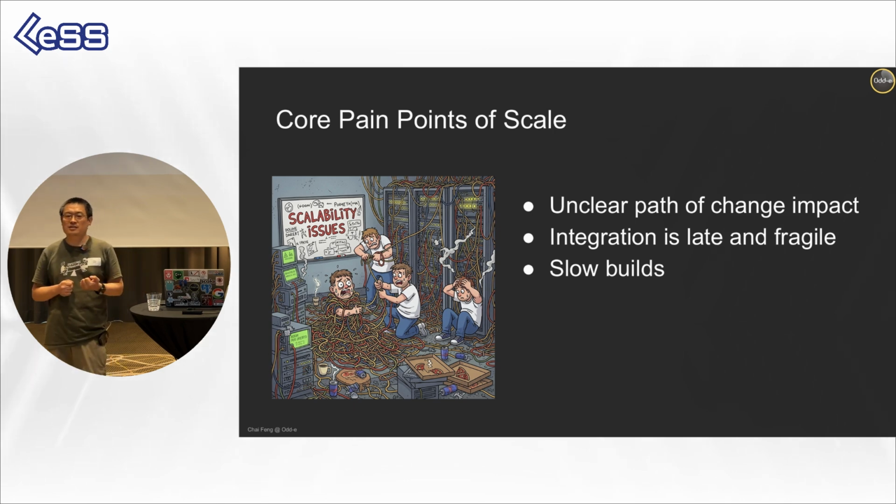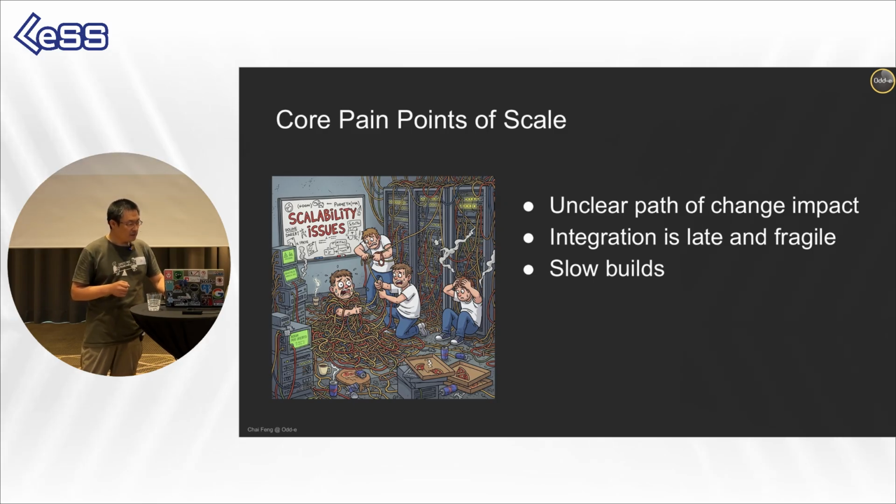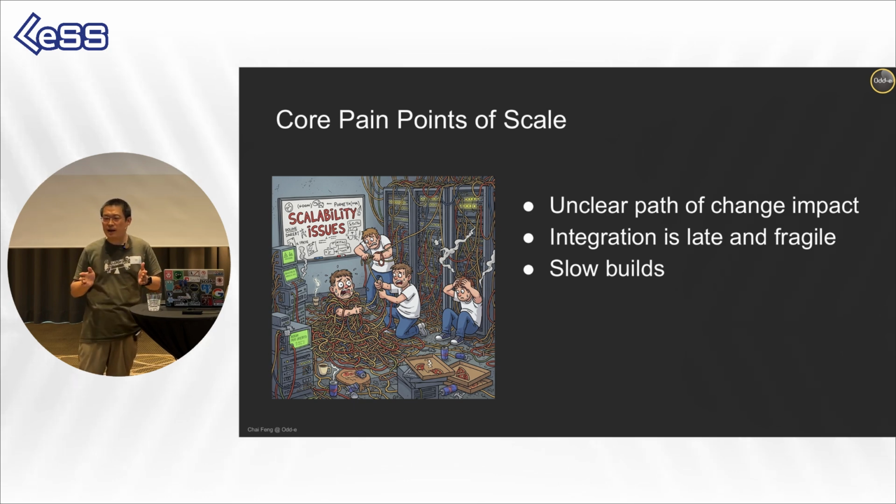These chaotic situations can be summarized into three core challenges. The first is the unclear path of change impact. A small change to a low-level library, who will it affect? How big is the impact?